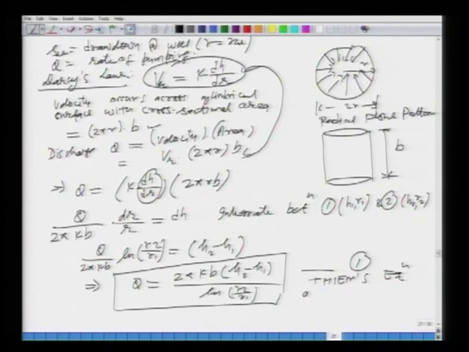This is also known as the equilibrium equation. Why? Because this is derived for steady state conditions when everything is in an equilibrium state.